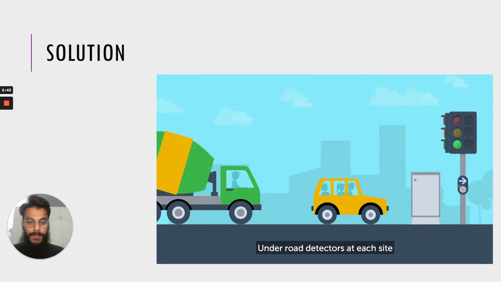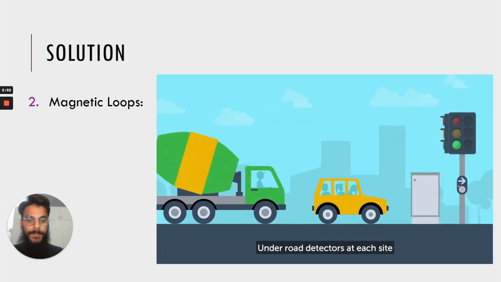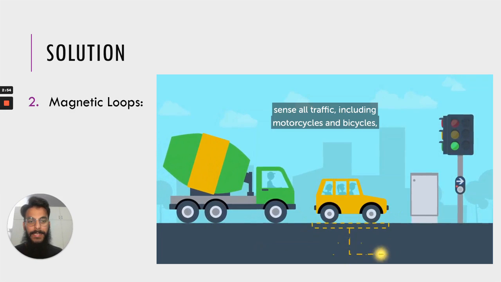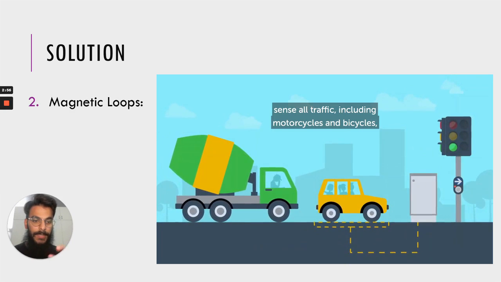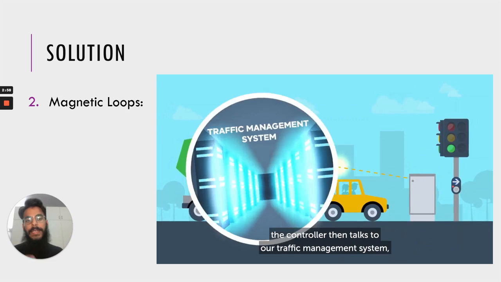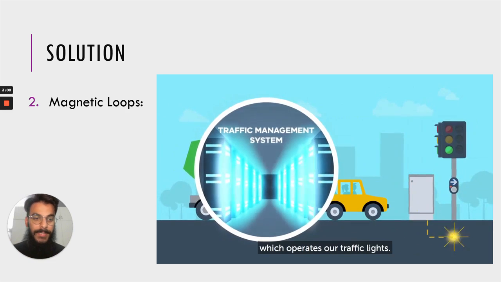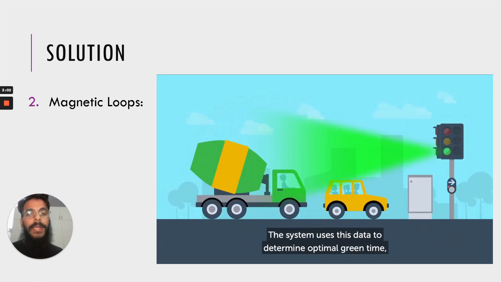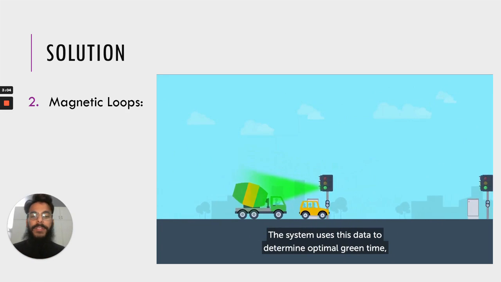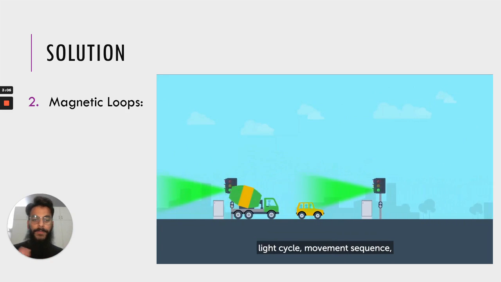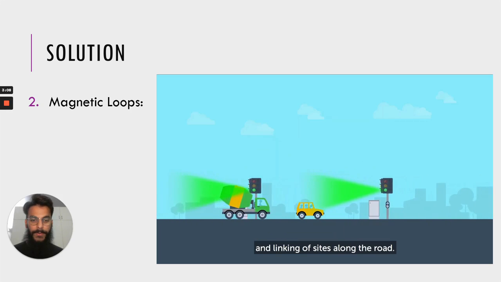Let's discuss the second solution. I picked a video from the internet where they implement this solution, which is based on magnetic loops. Basically there is a magnetic sensor in the road which notifies the traffic management system, and the traffic management system gets the result of how much time to allocate, and the rest of the signals are synchronized.